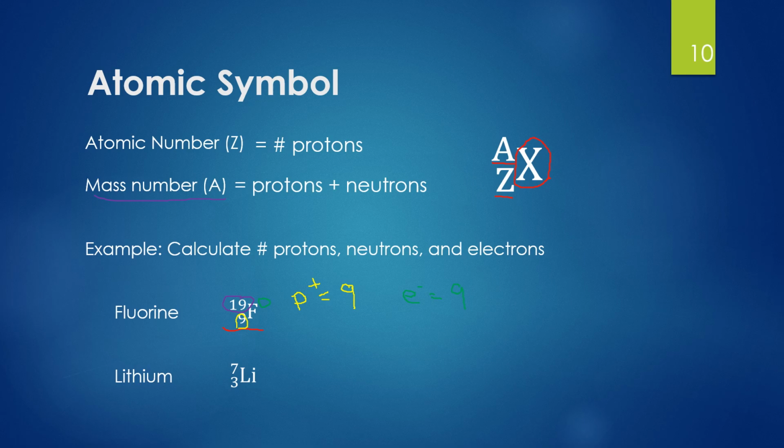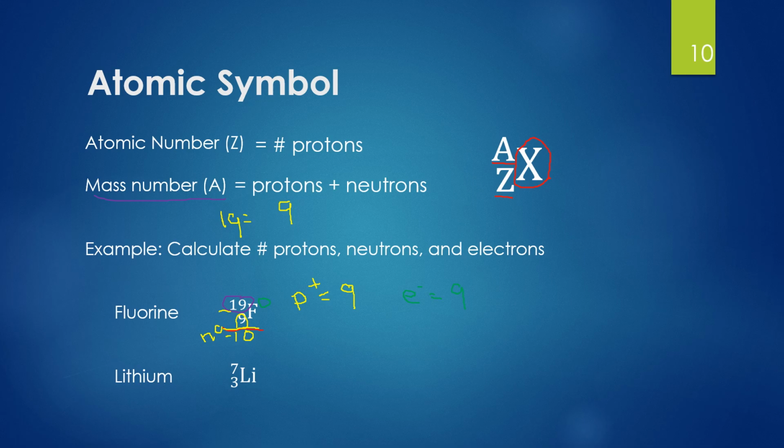So if there are 9 protons and the mass number is 19, to figure out the number of neutrons, all we have to do is subtract those two. And it works out nice with these atomic symbols because you just take the mass number and subtract the number of protons, and it's all lined up perfectly for you. So 19 minus 9 gives me 10, meaning that in this fluorine atom, there are 10 neutrons.